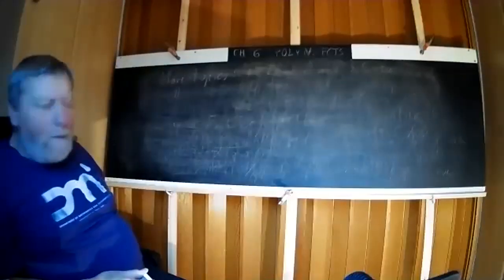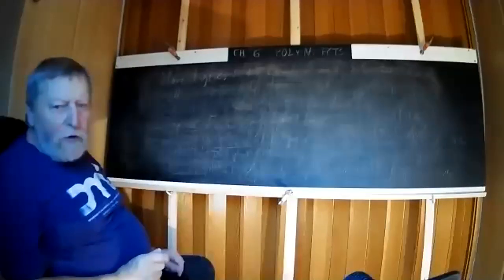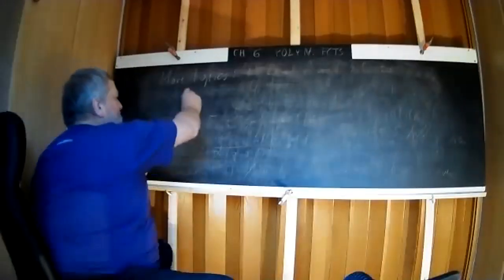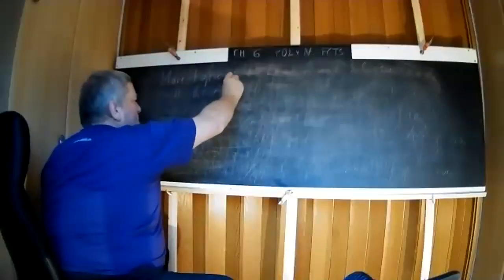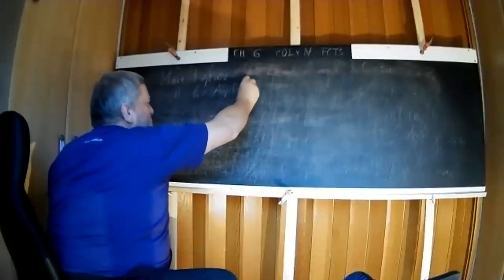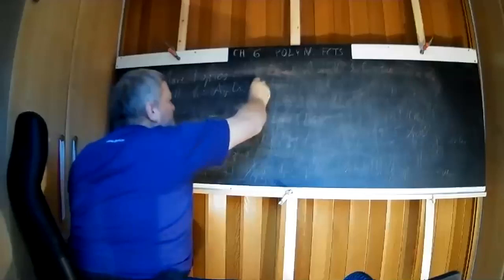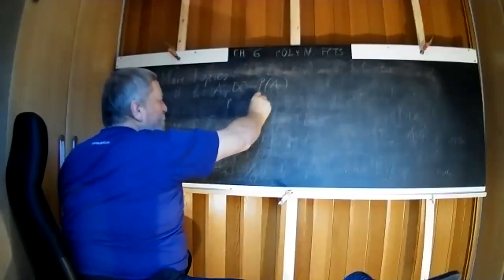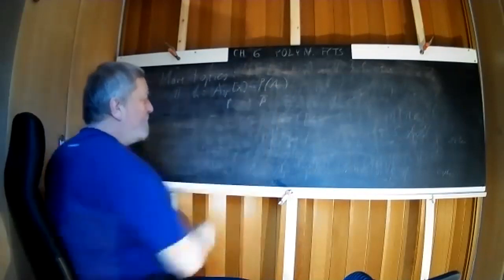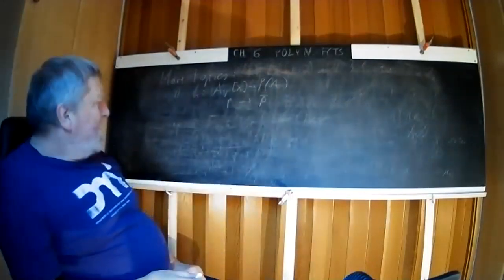We had a connection between polynomials and polynomial maps by the map H, which was from A[x] to P(A), by taking each polynomial P to the corresponding polynomial function. You know this.